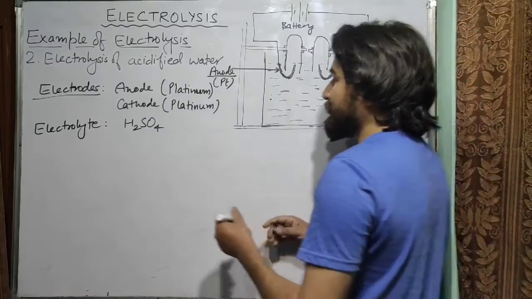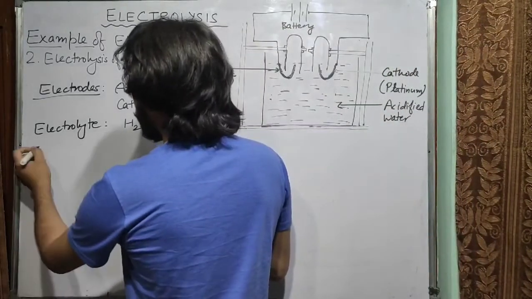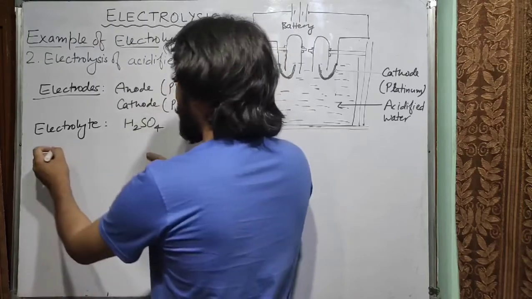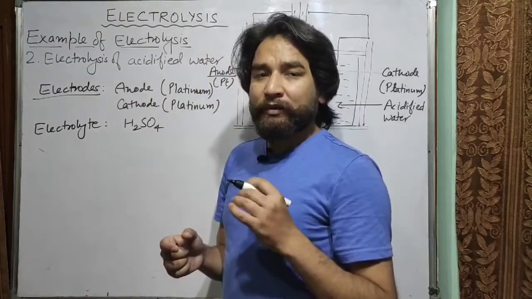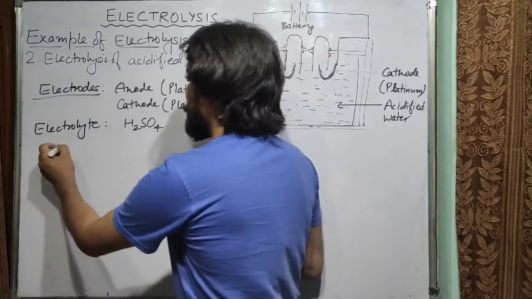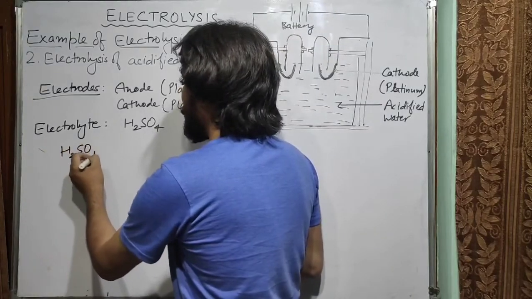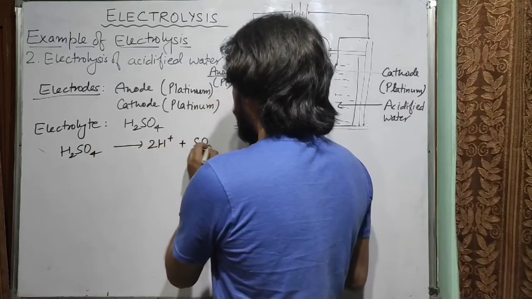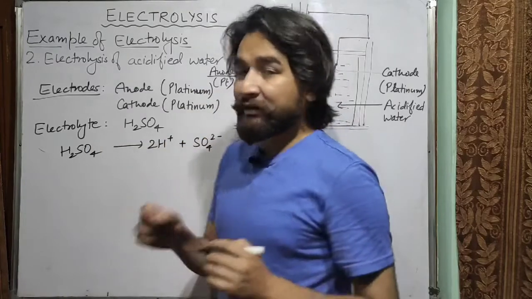The third point that we are going to discuss is reaction. Before the reaction, again we have to see the dissociation of H2SO4. So H2SO4 will form 2H+ and SO4 2- ion, right?